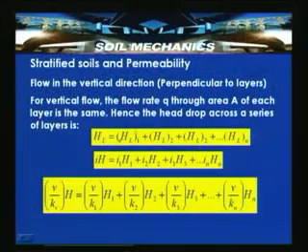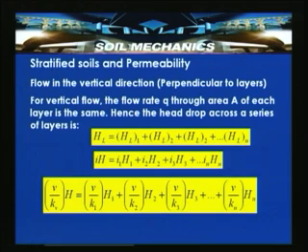But the condition here is that for vertical flow, the flow rate Q through an area A of each layer is the same. That is the first condition we have set. The second condition is the head drop across a series of layers. So, the head loss occurring in the series can be written as HL is equal to HL1 plus HL2 plus HL3 and so on to HLn.